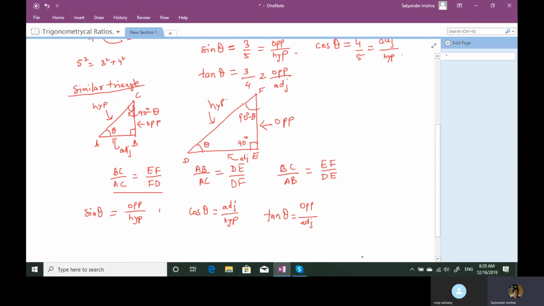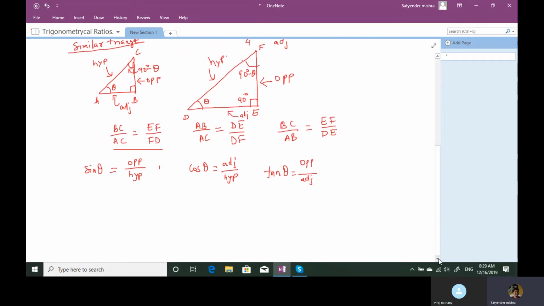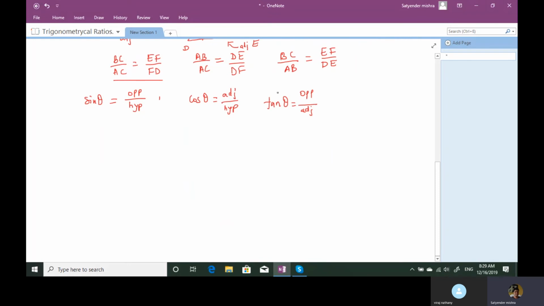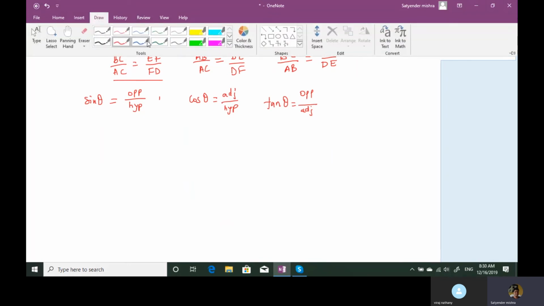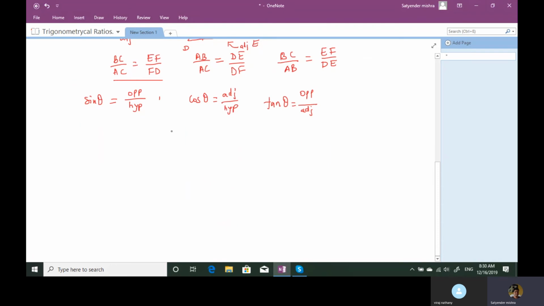Right? So now we can do a few more things, like we can study about reciprocal relationships. So let's draw the reciprocal relations.